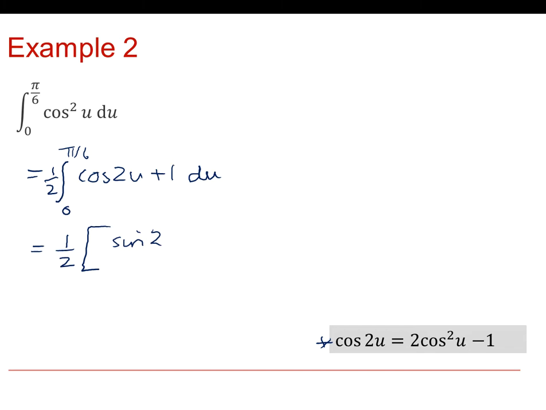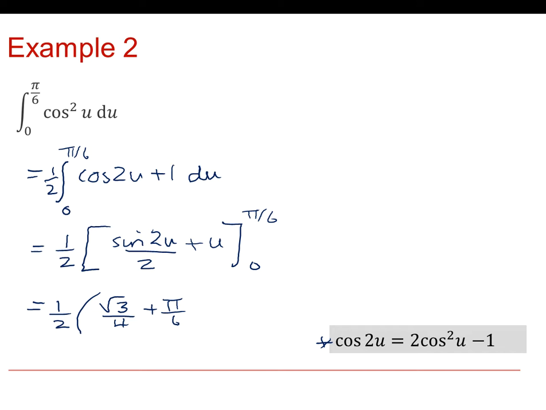That will give me sine 2u over 2, and then the 1 integrates to being plus u. Giving me a half of root 3 over 4 plus pi by 6.